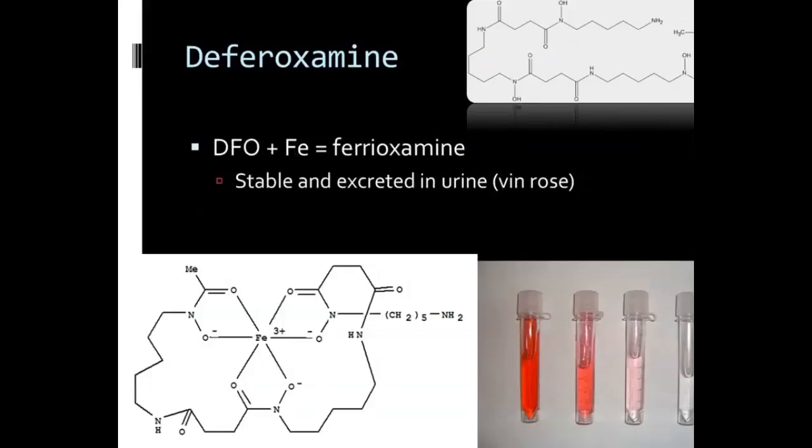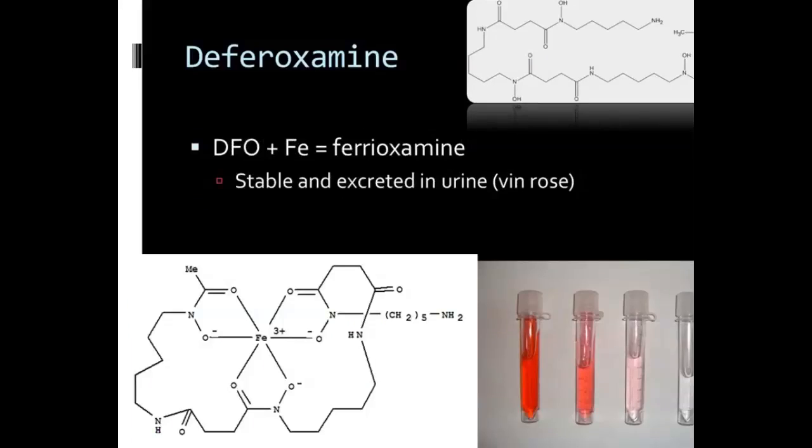The deferoxamine combines with iron to form ferrioxamine, which is pictured on the bottom left. The deferoxamine is on the upper right. Ferrioxamine has a reddish color and is the cause of the vin rosé urine, which is pictured on the bottom right.